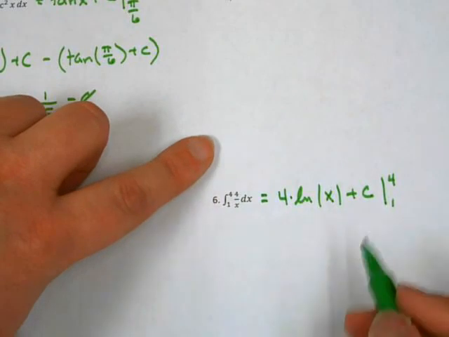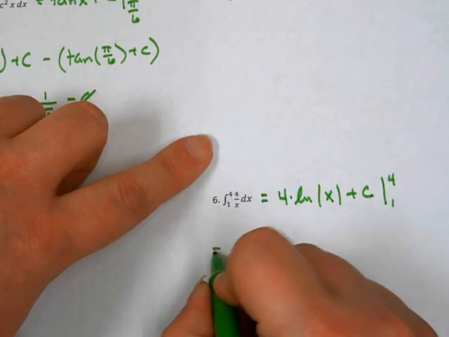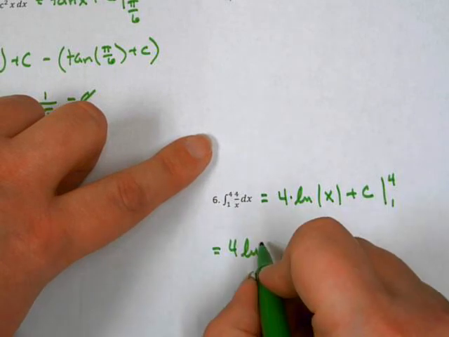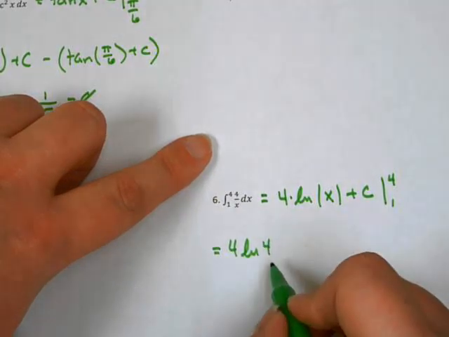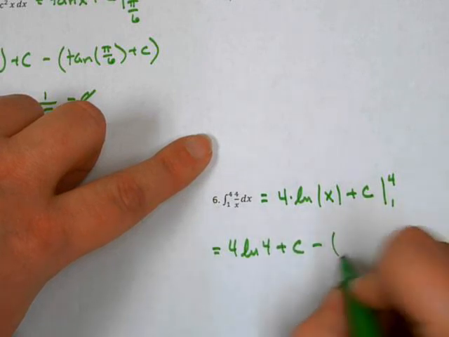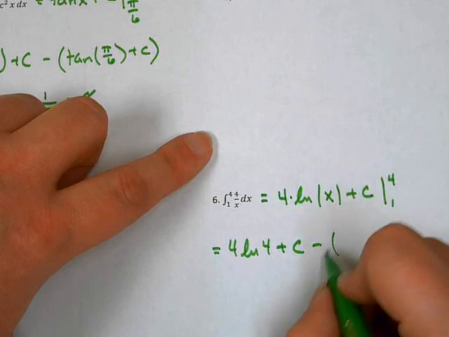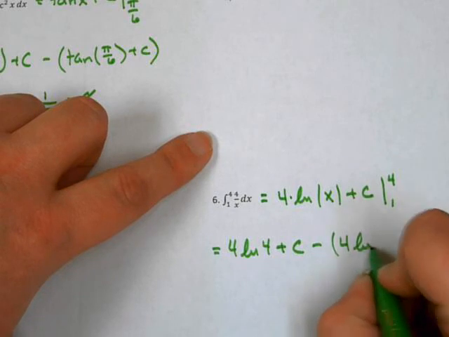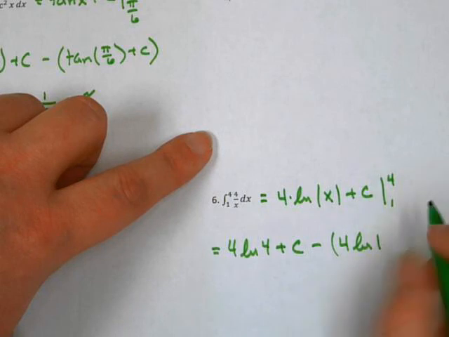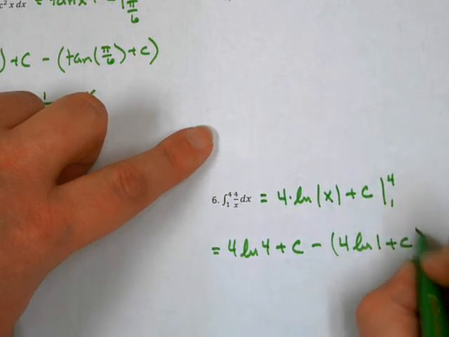All right, so let's evaluate our upper bound. That's going to be 4 times the natural log. Well, 4 is positive, so I don't need absolute value bars anymore around the 4. And then minus, now let's evaluate at our lower bound. So 4 times the natural log of 1, which again is positive, so I don't need my absolute value, and then plus c.